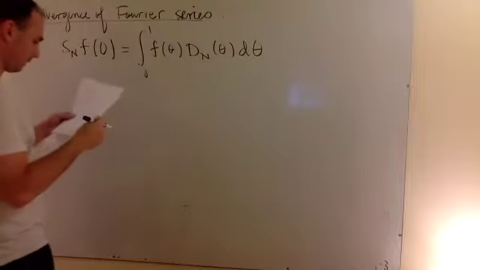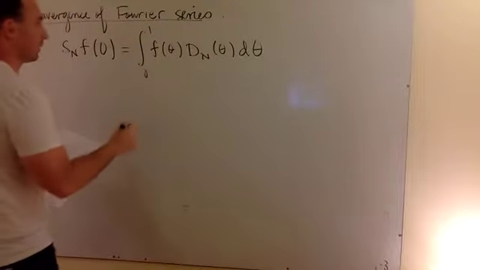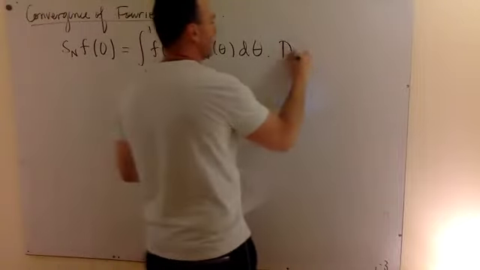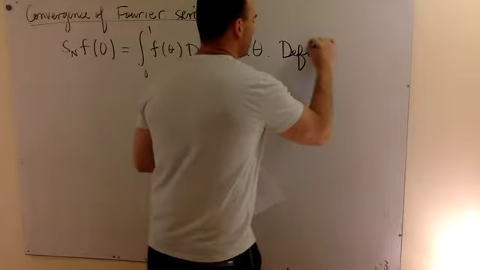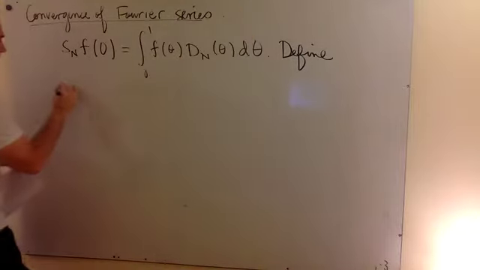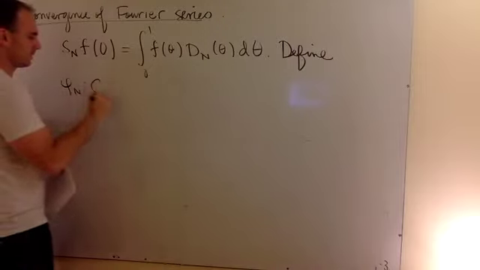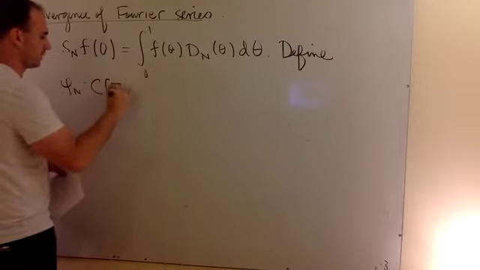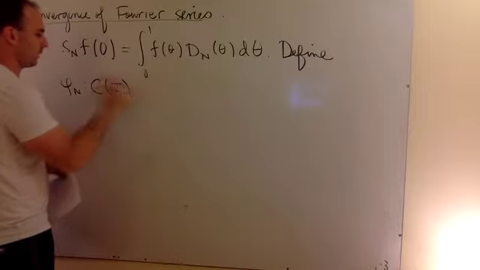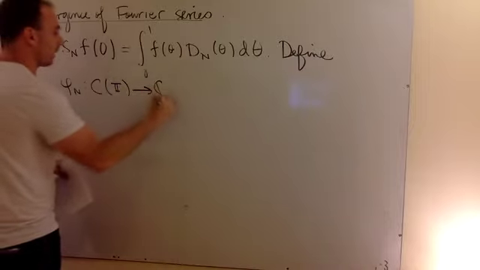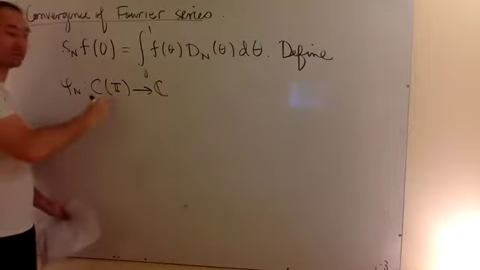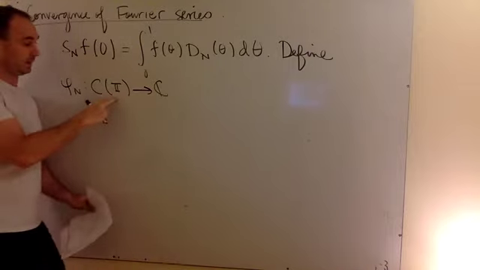So first off, let's define a function phi from here to just the complex numbers. So this is actually a linear function on this Banach space.